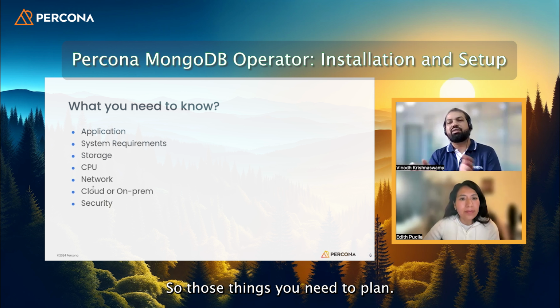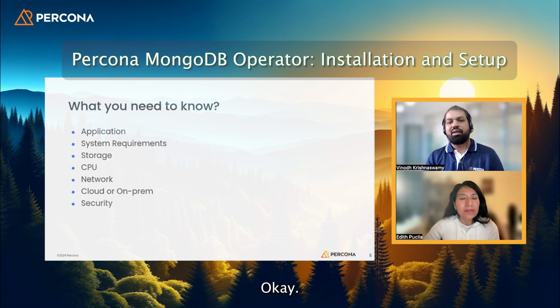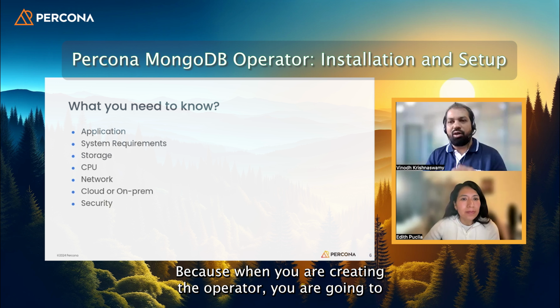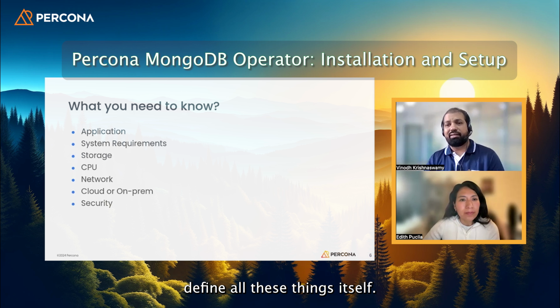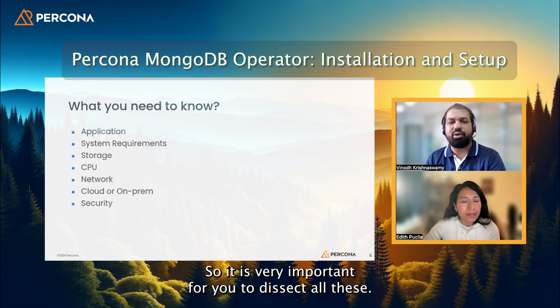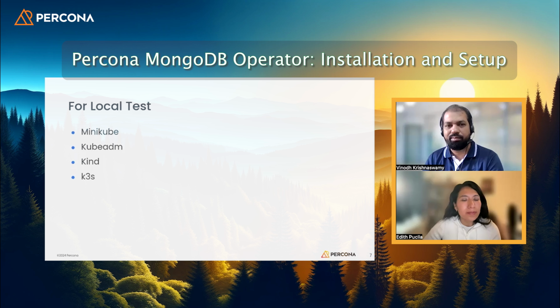Those things you need to plan ahead, because when you're creating the operator, you're going to define all these things itself. So it is very important for you to decide all these.